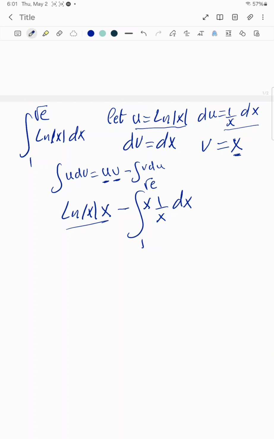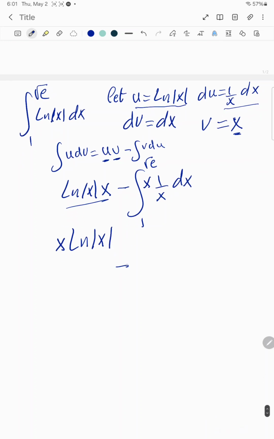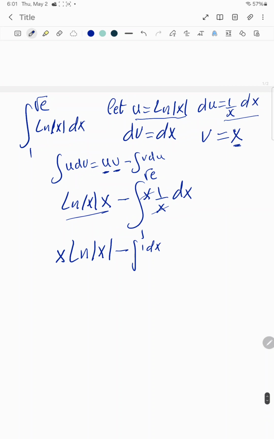So I will copy it, and again 2 times 3 is equal to 3 times 2, so I can write x ln of x. I like it better this way, minus, and I know x divided by x, I can simplify it, minus the integral of 1 dx. And there is a formula in my previous video, I showed it to you.